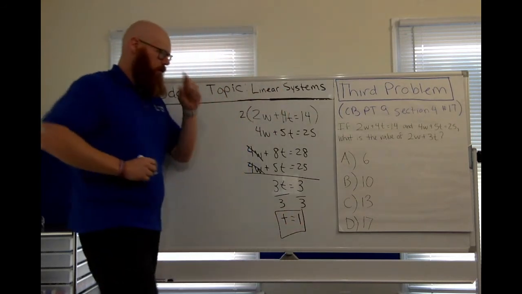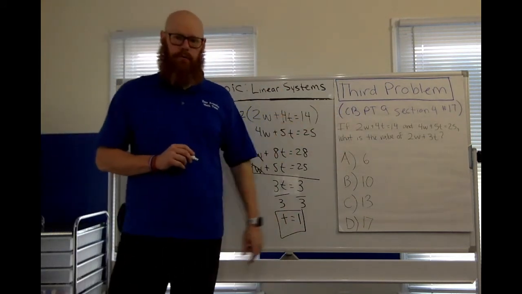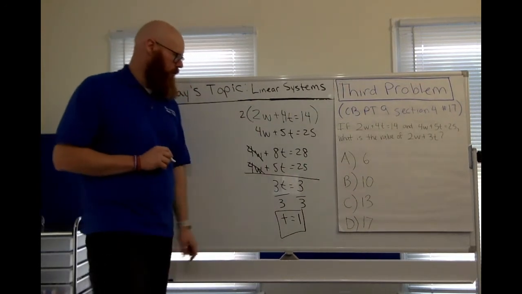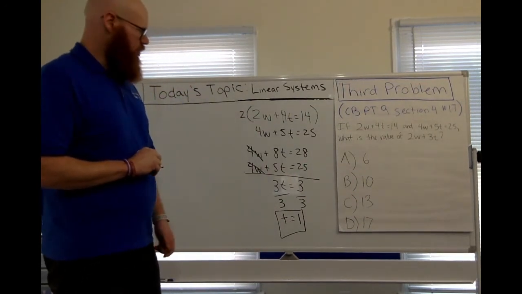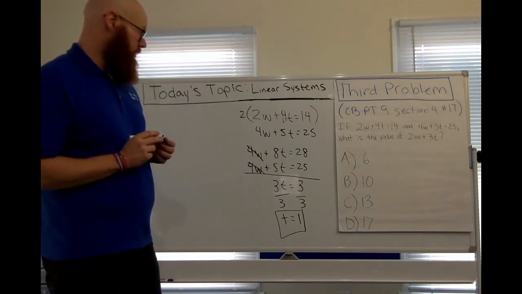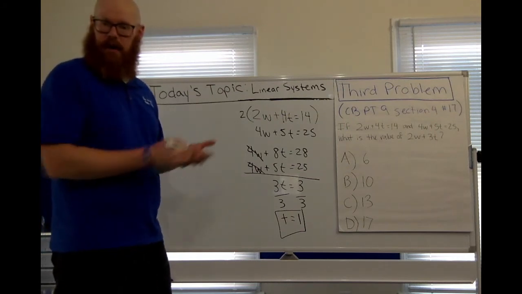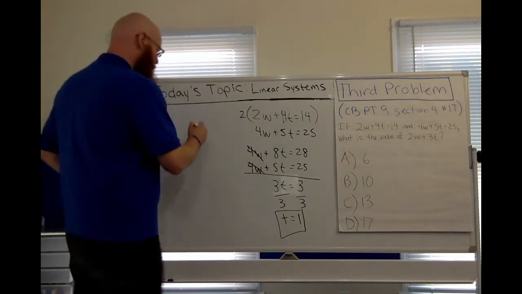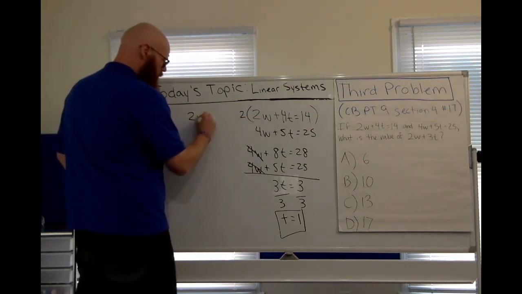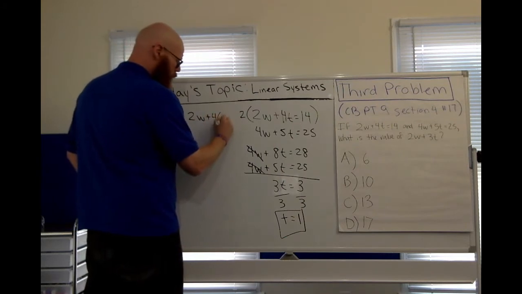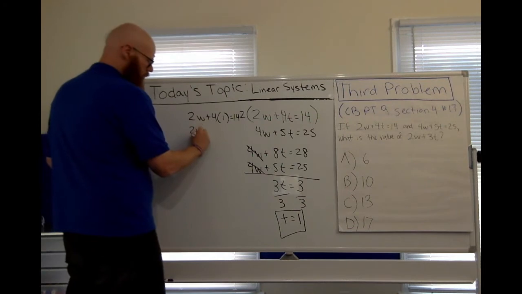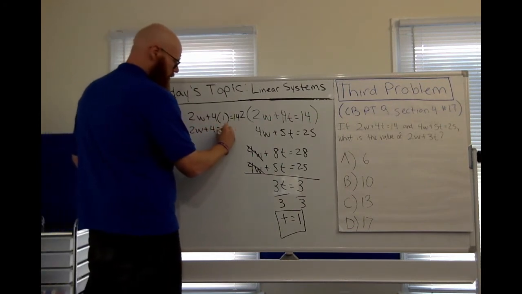I'm not finished because I need to know the value of w to evaluate this expression. I can go back to either of my original equations. I usually choose the easier one. I don't see one here that's easier, they all have positives, so I'll pick the first equation because it has smaller numbers. That's 2w plus 4 times 1 equals 14, so 2w plus 4 equals 14.